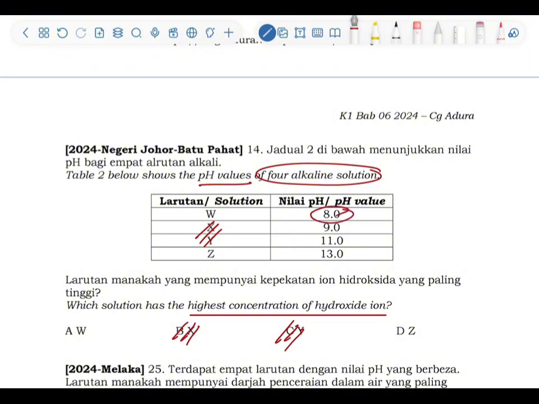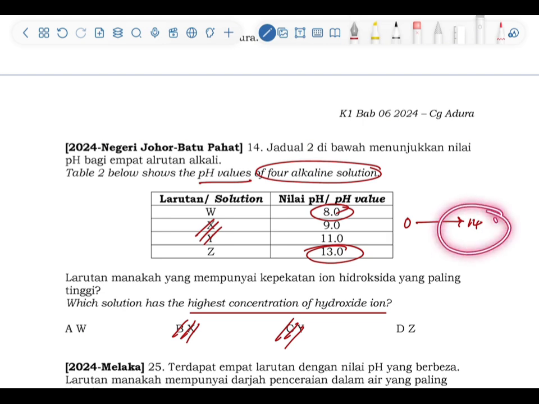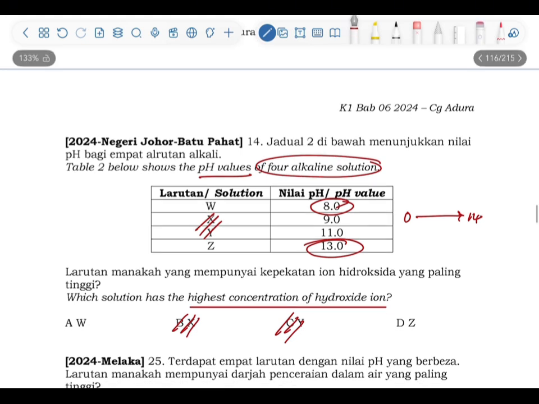It's either the solution with the lowest pH value or the solution with the highest pH value. If you know that the pH starts from 0 to 14, right? So when you get a number closer to 14, it actually means it is a strong alkali, right?